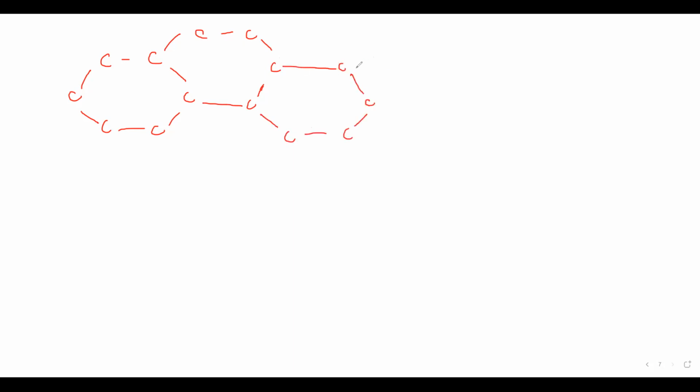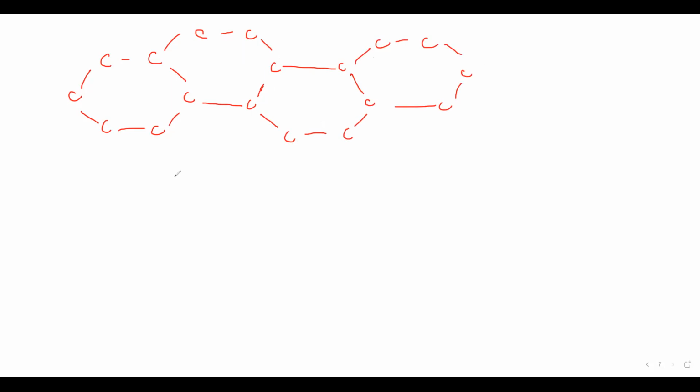For example, a hexagonal ring has 1, 2, 3, 4, 5, and 6, and then just take 2 of them. This will continue. There will be many rings in one layer, but we are not drawing all of them.